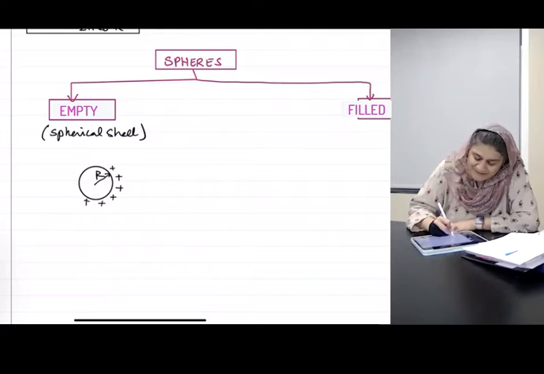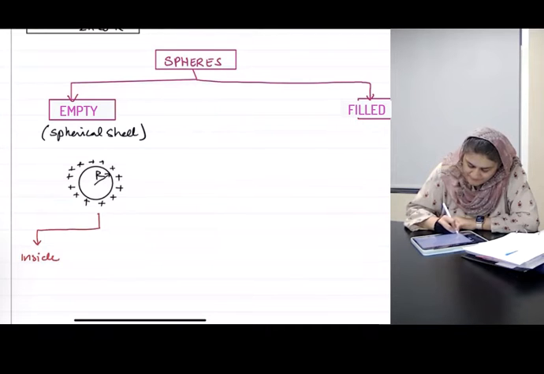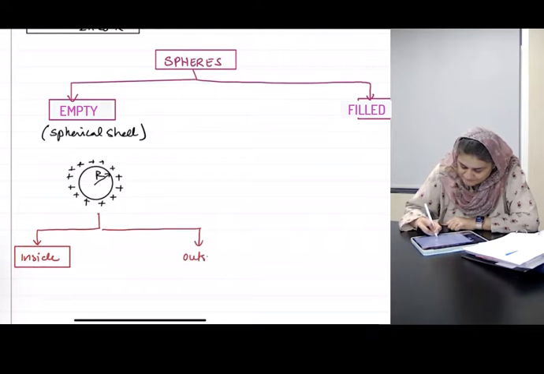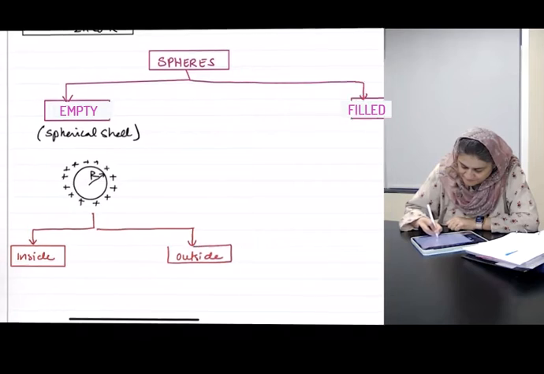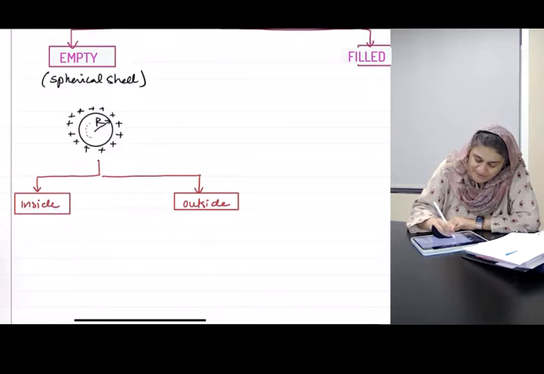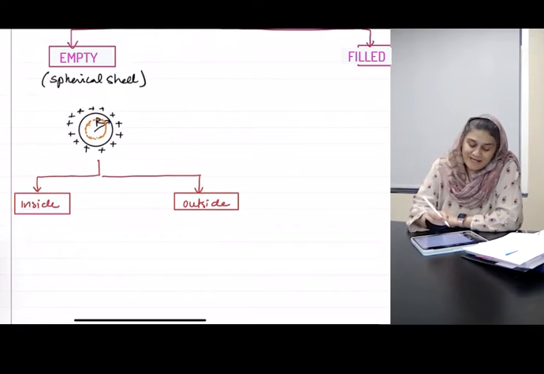Now I want you to split this problem into two things. Inside and outside. So let's do our Gaussian surfaces. So let's suppose I make my Gaussian surface here for the inside. What is the E field on this Gaussian surface, say at a radius B?